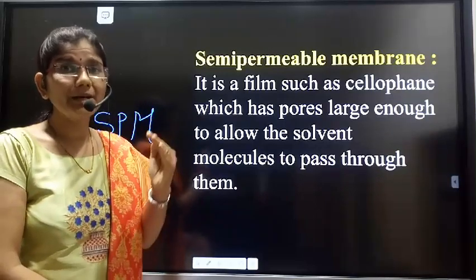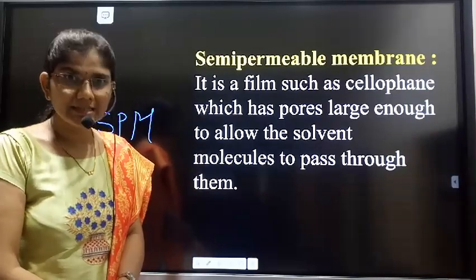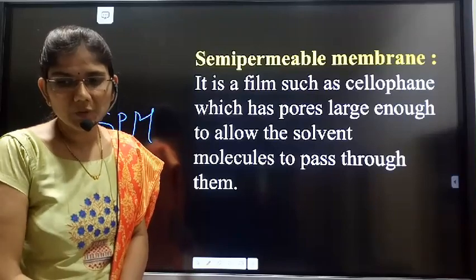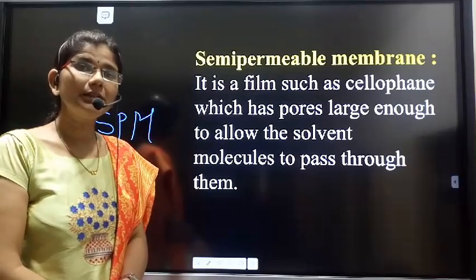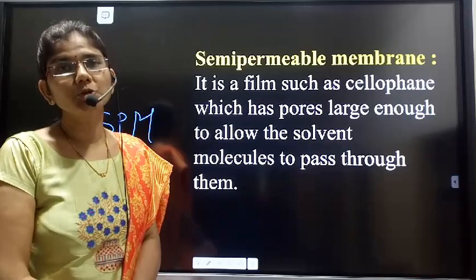A semi-permeable membrane is a membrane which allows only solvent molecules to pass through it.